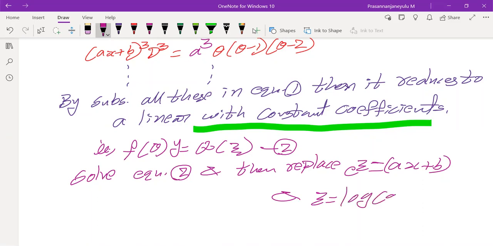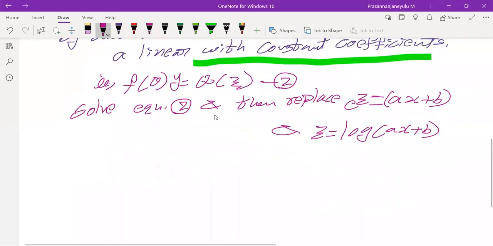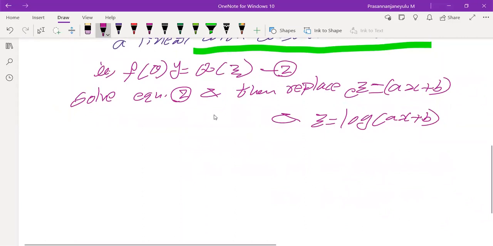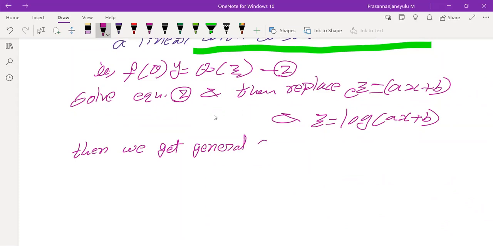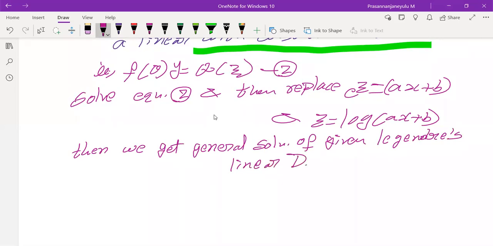Then we get the general solution of the given Legendre's linear DE. Okay, so this is the procedure.